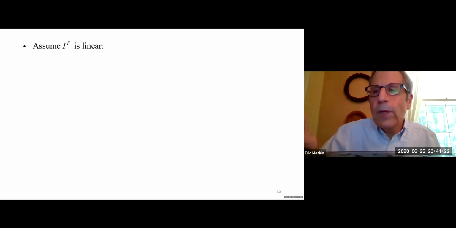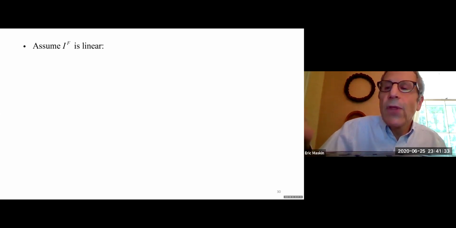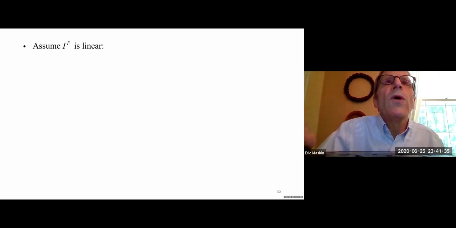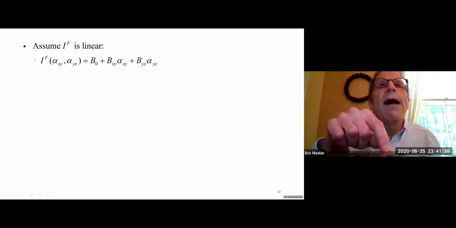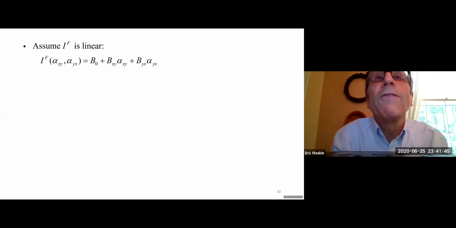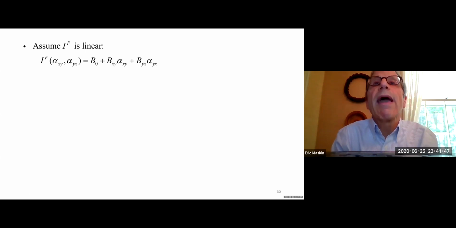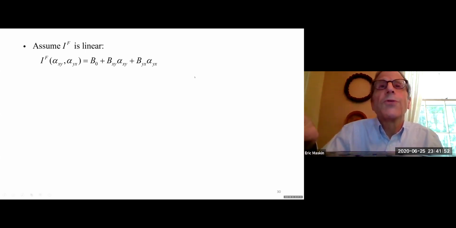Now, to do that, let me assume that the indifference curve is linear. If it's nonlinear, the argument is more complicated, and I will get to that later. But for now, let's assume linearity. So that means that I takes this form here, b naught plus bxy alpha xy plus byx alpha yx, where the b's are constants.